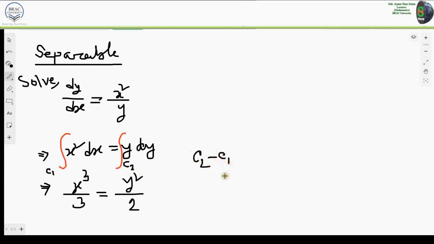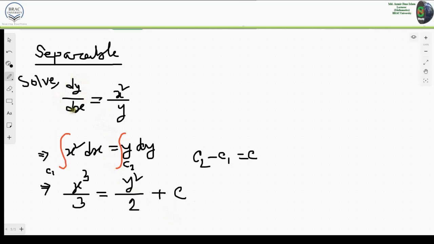If we bring c1 to the right side, it will be c2 minus c1. c2 is a constant, c1 is a constant, so c2 minus c1 will also be a constant, c.